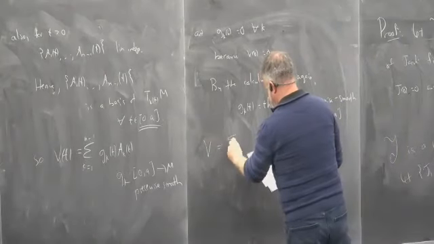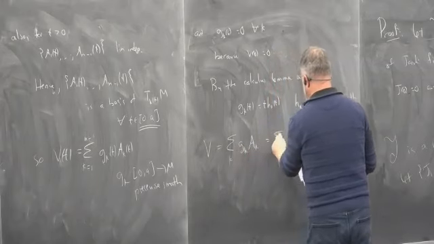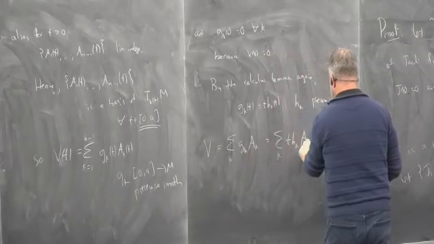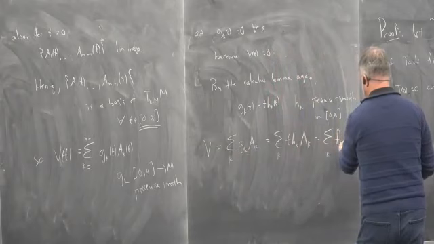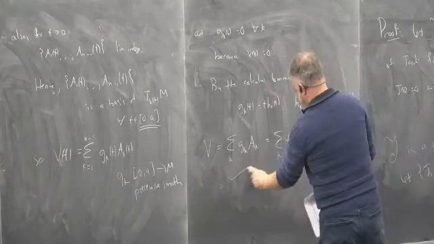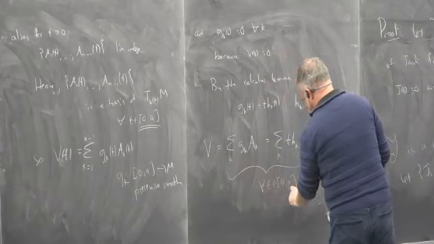We have that V is the sum over k of Gk Ak, which is the sum over k of T Hk Ak, which is the sum over k of Fk Jk. Okay, so this is for all T in 0 to A.